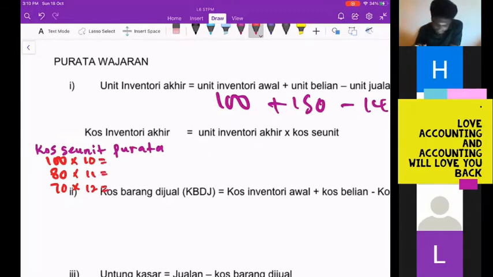10 times 100, I get 1,000. 80 times 11, I get 880. 70 times 12, I get 840.